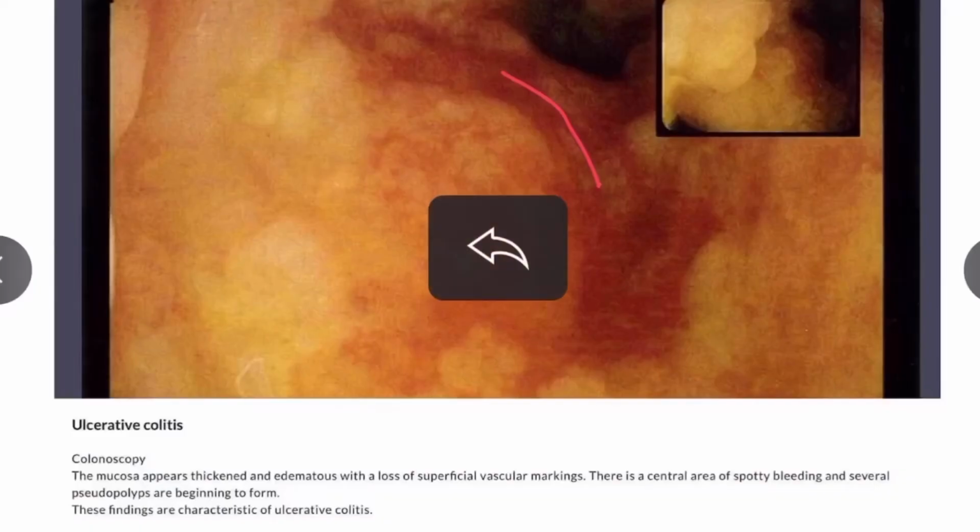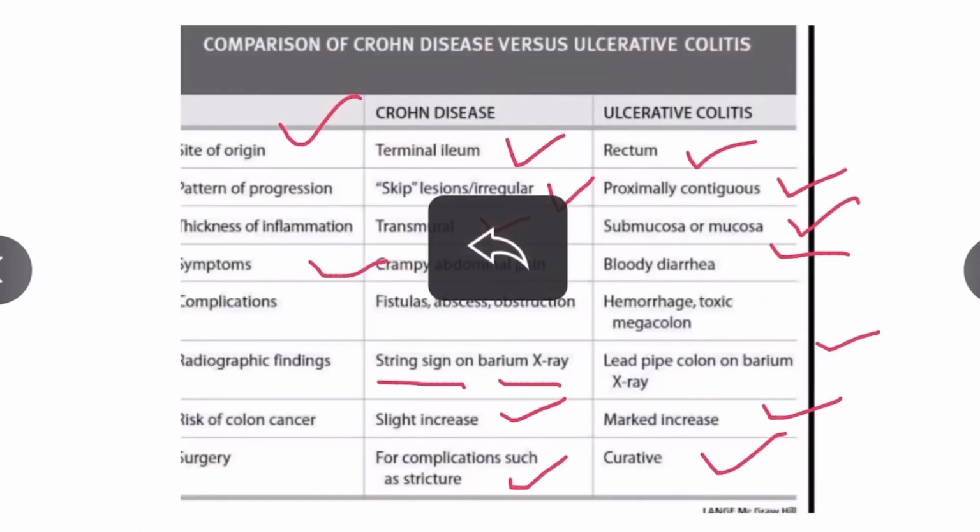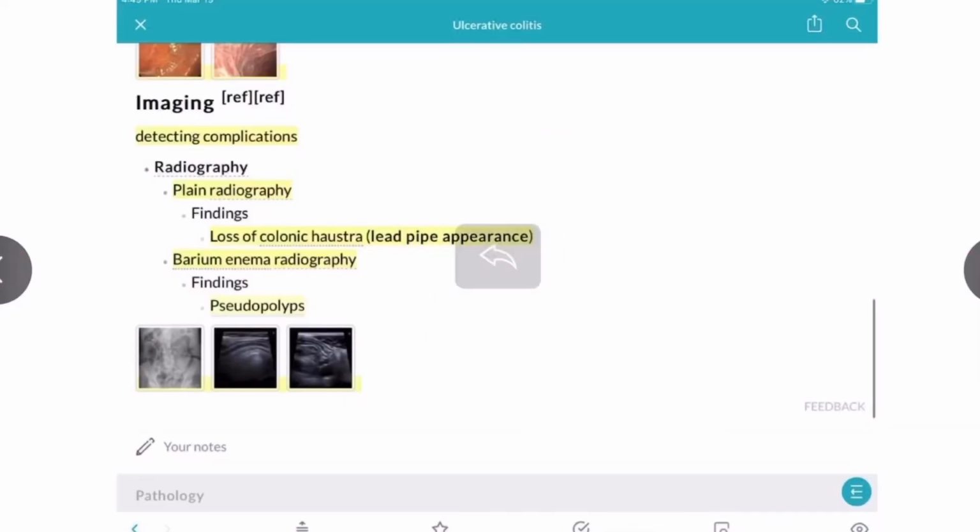Let me tell you how you can differentiate ulcerative colitis and Crohn disease. There is a mnemonic I'm using, and you can use it. The sentence is: if skip the length, don't skip the depth.